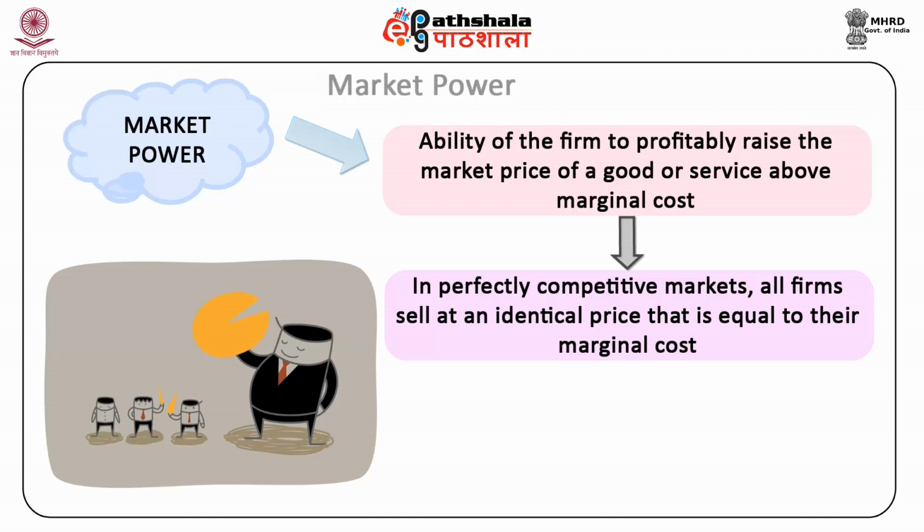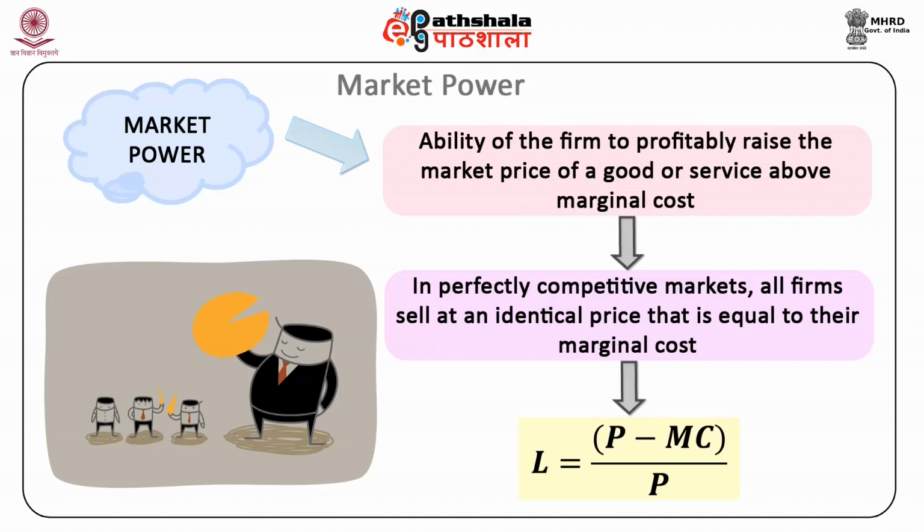The standard definition of market power is the divergence between price and marginal cost expressed relative to price. In mathematical terms, L = (P - MC)/P, where L is the indicator of market power, also referred to as Lerner's index. P is the price at which the firm sells its output, and MC is the marginal cost of the firm.